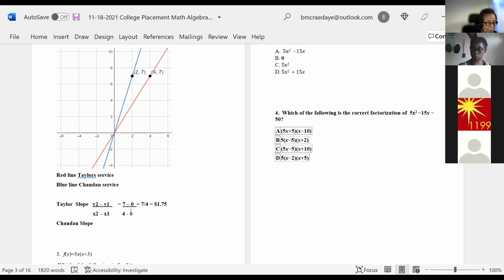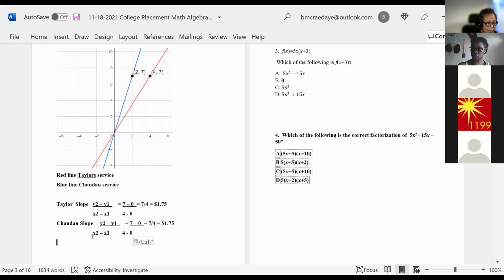So when I substitute, what will my Y2 and my Y1 be? 7 minus 0, over 2 minus 0. So what's 7 over 2 in money? 3.5. Yes, 3.5.